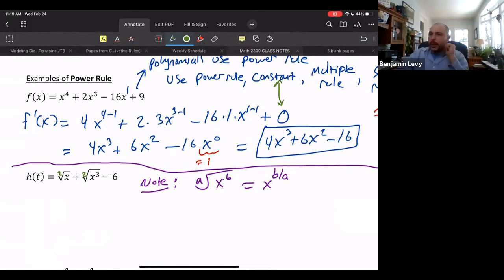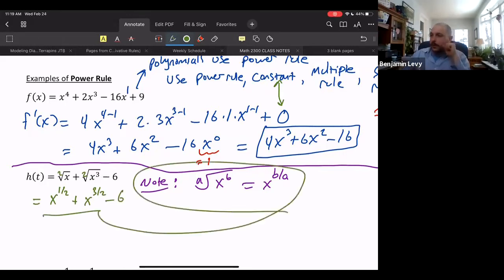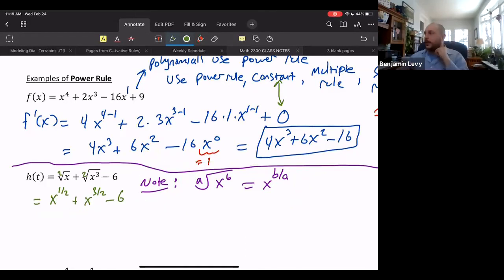With that in mind, we can change this into x to the 1/2 plus x to the 3/2 minus 6 using the idea we just looked at. Is that okay? Then it becomes a power rule because we just have x raised to a power, and so we can just apply the power rule, which is really easy to do. We have to do a little bit of fraction stuff, but it's nice.